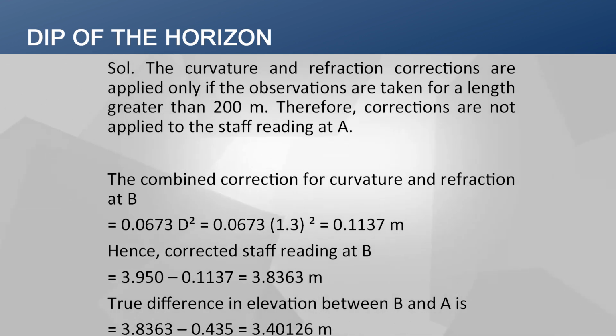So, corrected staff reading will be 3.8363 meter. The difference in elevation between B and A is 3.8363 minus 0.435 meters, which will result in 3.40126 meter.